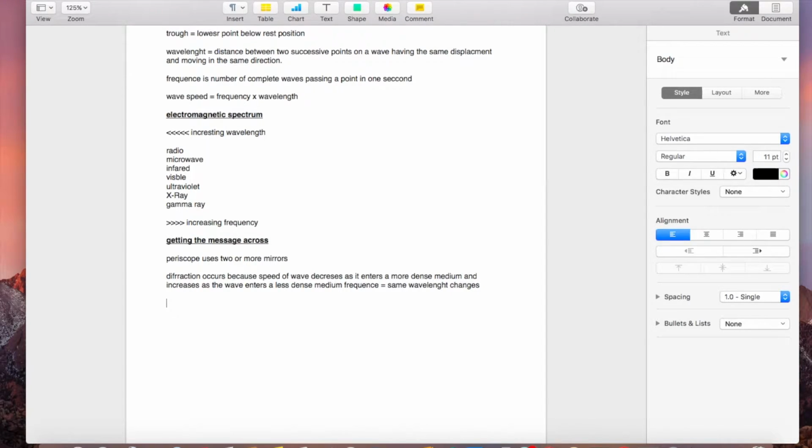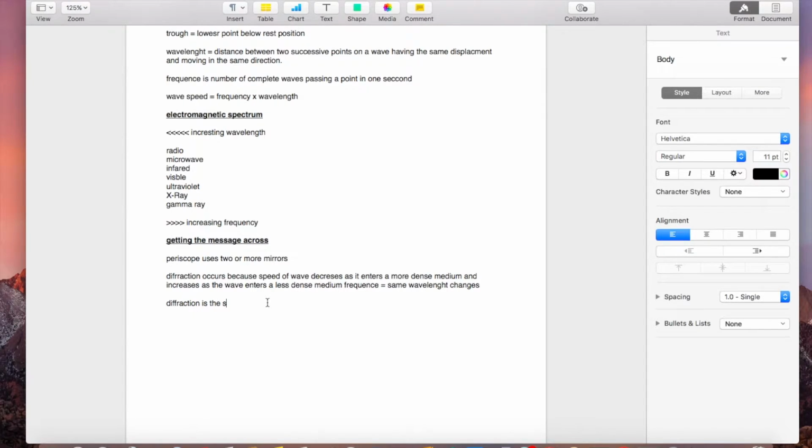Diffraction is the spreading out of a wave as it passes through a gap. So this is a definition. Diffraction. Put 3 F's in there.